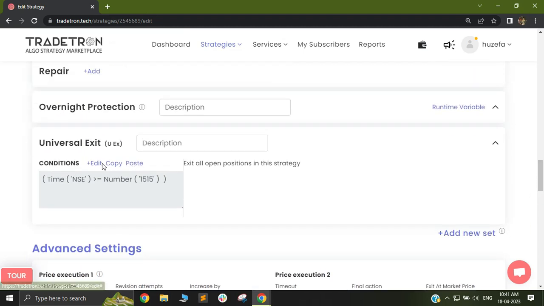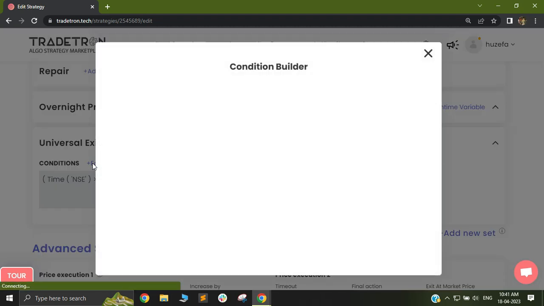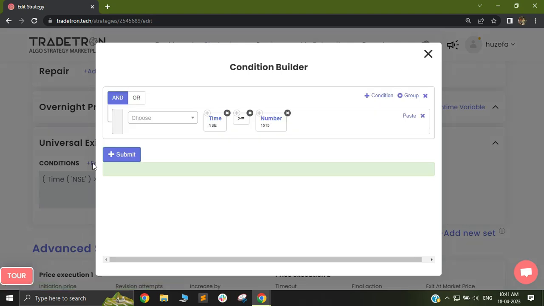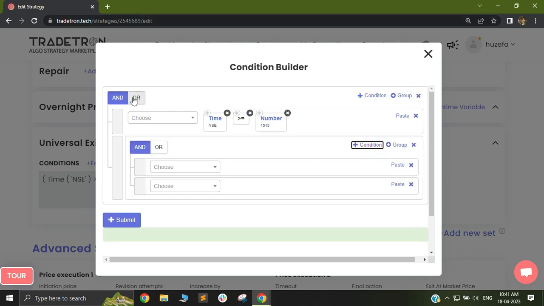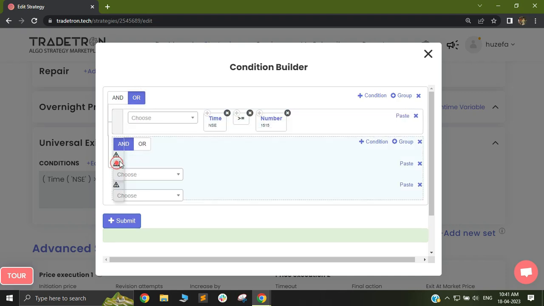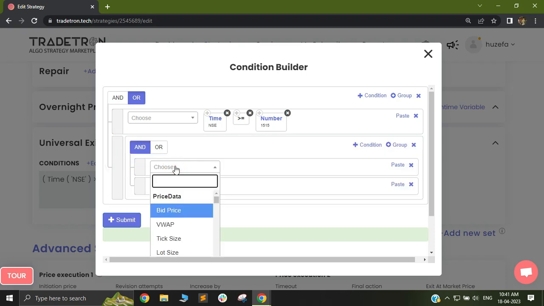There's another way to replicate the same trailing stop loss where you can lock a particular profit, and let me show you how to do that. In my universal exit, I have come here and I have added a new group. In my group, I have made the entire condition into an OR condition. So either the time is greater than 315 or my group is true. Now out here I can use a keyword called max profit.